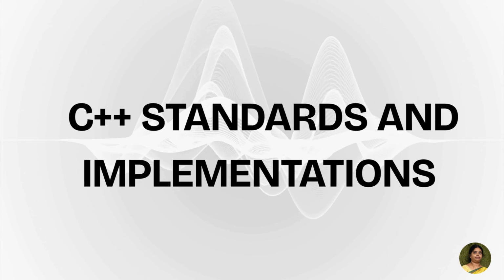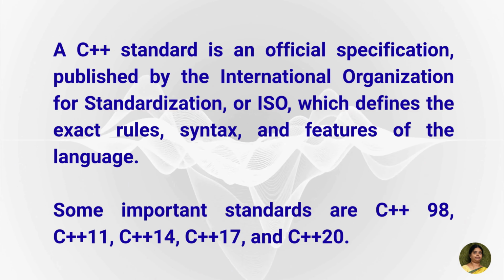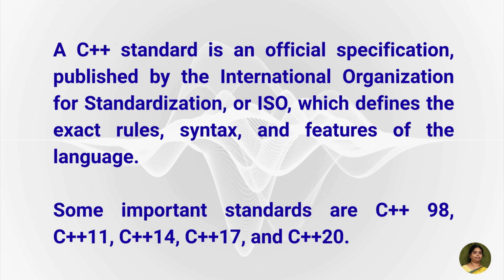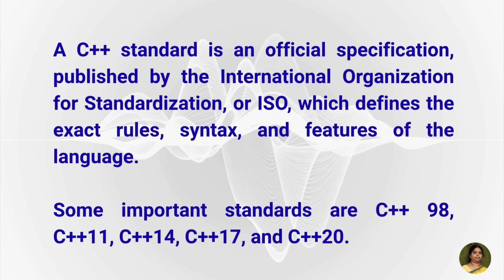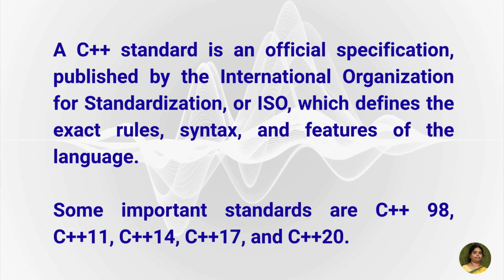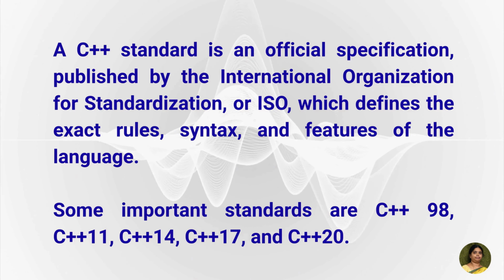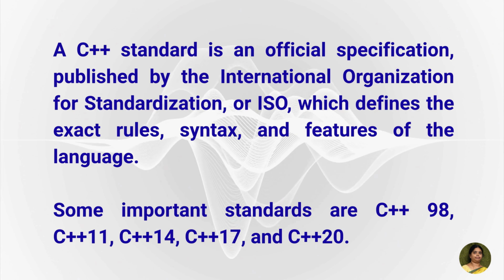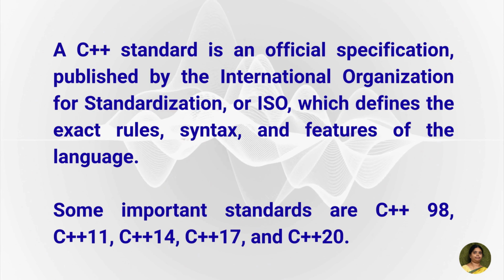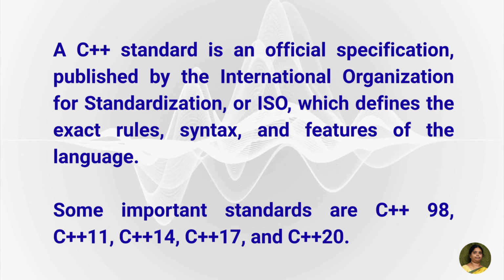C++ standards and implementation. A C++ standard is an official specification published by the International Organization for Standardization, or ISO, which defines the exact rules, syntax and features of the language. Each standard is named after the year it was approved. Some important standards are C++98, C++11, C++14, and so on.